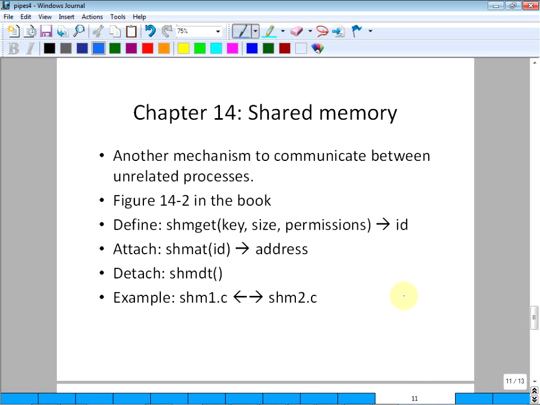I won't worry about all this shared memory stuff. There's a similar mechanism you can do there. Now pipes are not the only way. There's shared memory. We said that processes cannot share memory, but you can create a shared memory. You can attach to shared memory, then both processes can write and read and all that stuff.